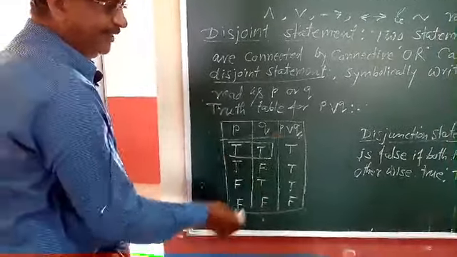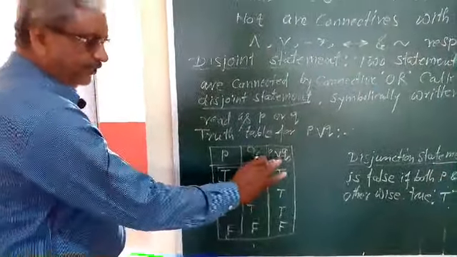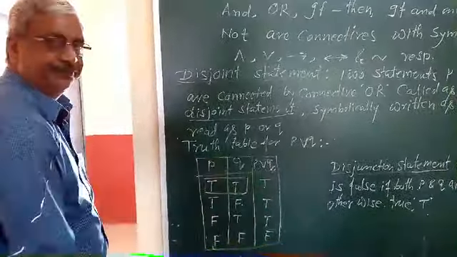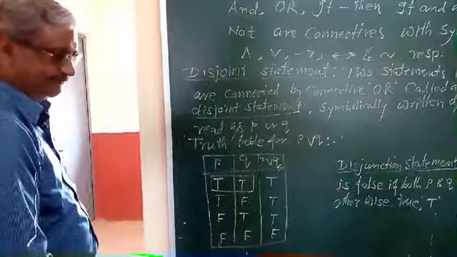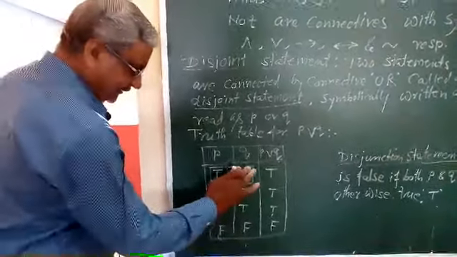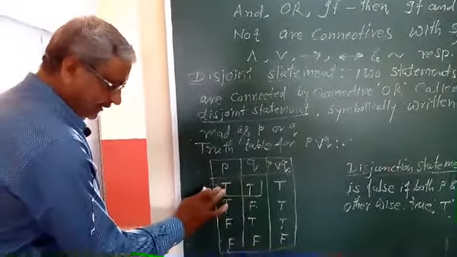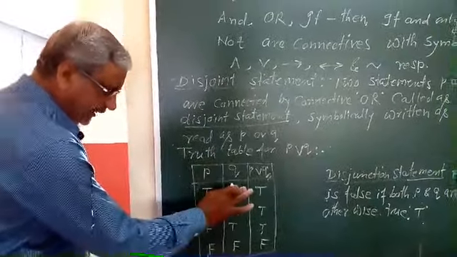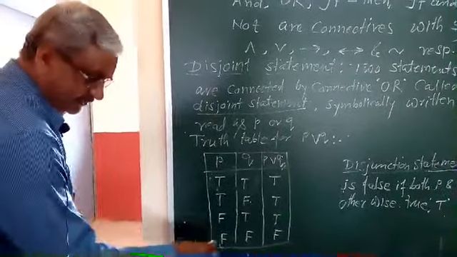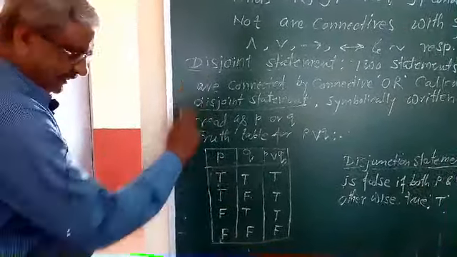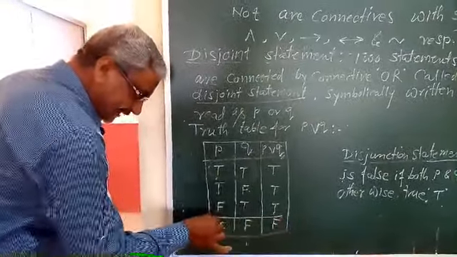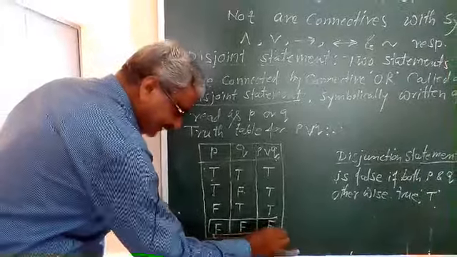So what will be the truth values for your disjunction statement, that is P or Q? That we see here. One thing you have to remember is that we only want to find out the rule for this disjunction statement.